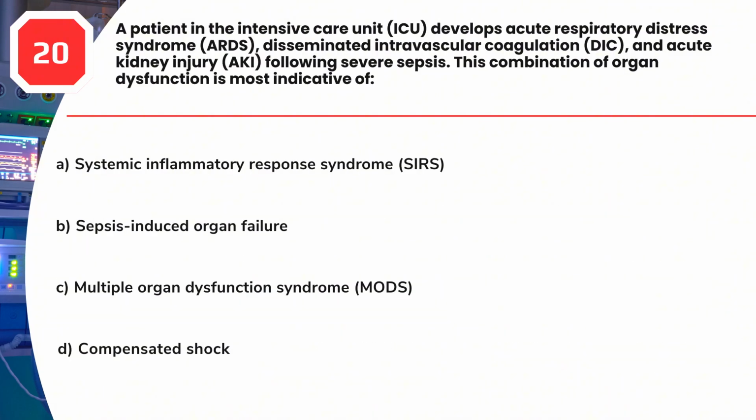Question 20. A patient in the intensive care unit, ICU, develops acute respiratory distress syndrome, ARDS, disseminated intravascular coagulation, DIC, and acute kidney injury, AKI, following severe sepsis. This combination of organ dysfunction is most indicative of A. Systemic inflammatory response syndrome, SIRS.